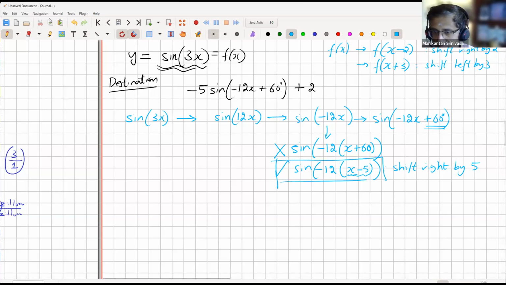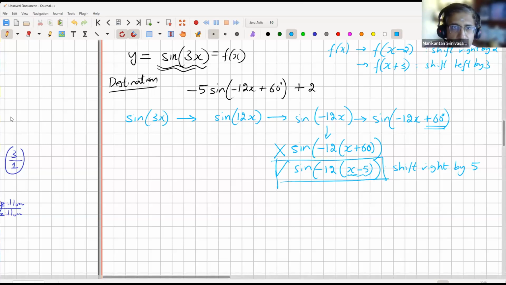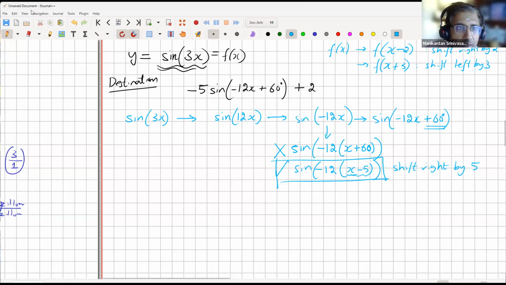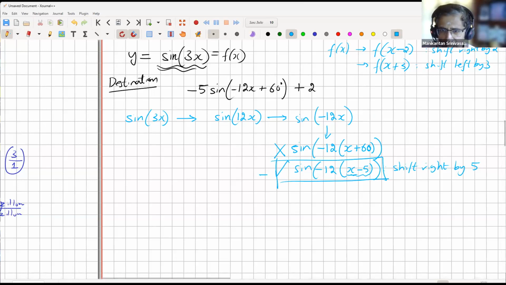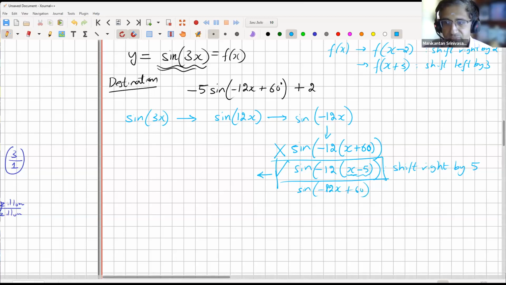I'll erase this portion. From sine of minus 12x, I have now landed in sine of minus 12 times x minus 5, which is sine of minus 12x plus 60. Numerically it's the same, minus 12x plus 60, but we got that by shifting right by 5.